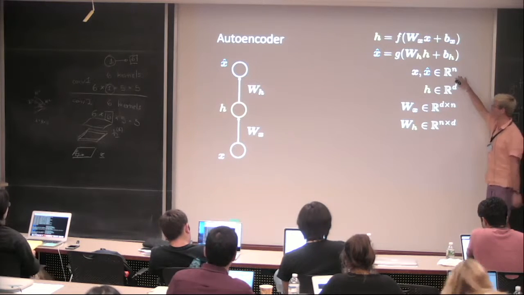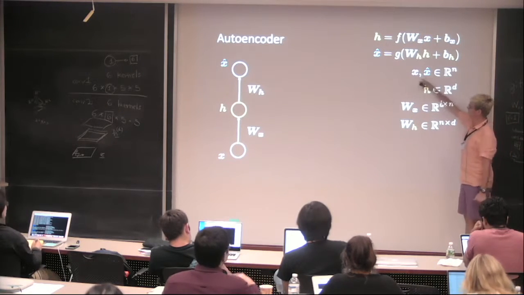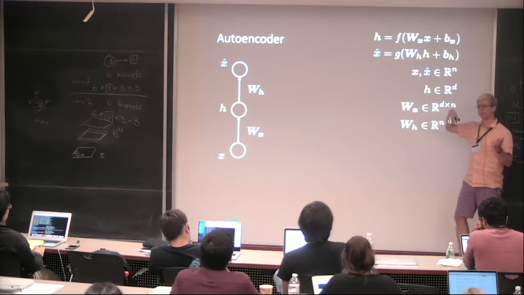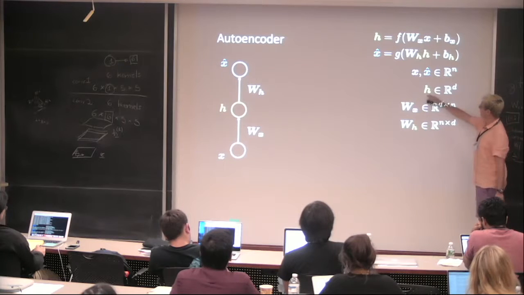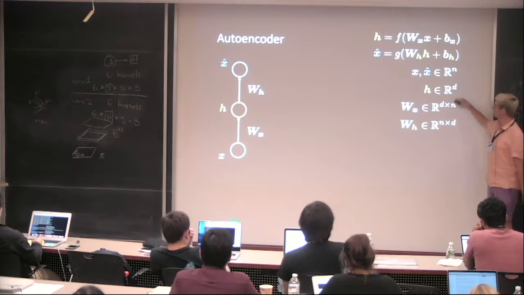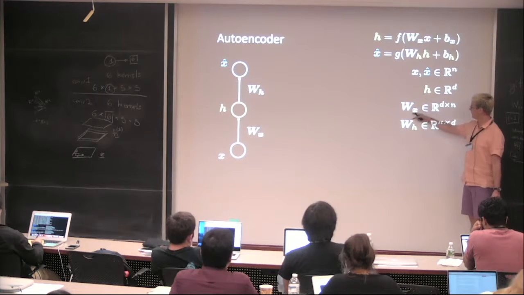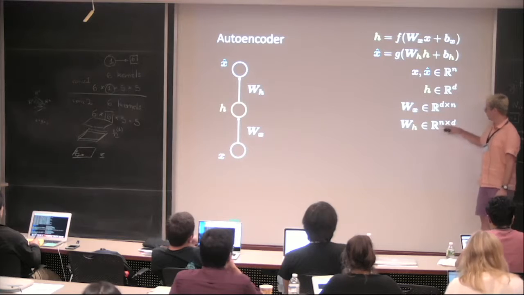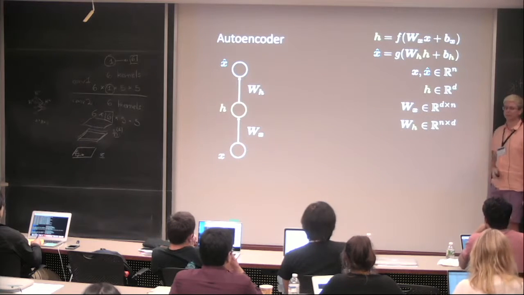This is why it's called an autoencoder, because we are trying to encode its own input. The hidden representation is in R^d, where d is the dimension of my hidden space. The first map goes into d starting from n, and the other goes into n starting from d. So nothing new.